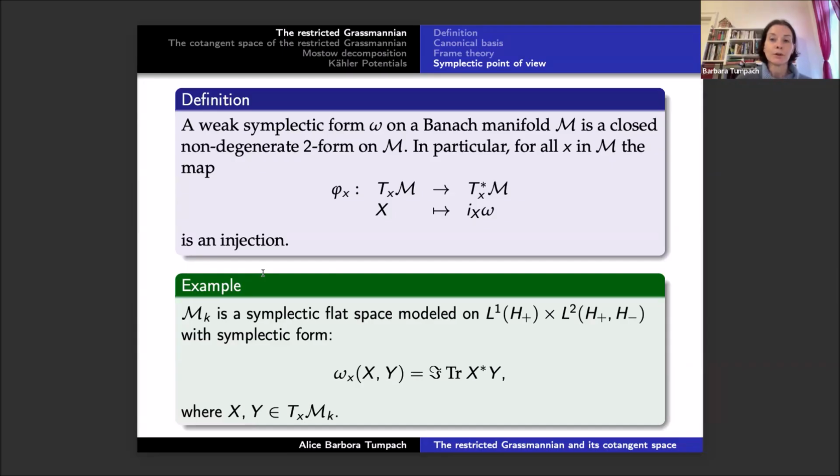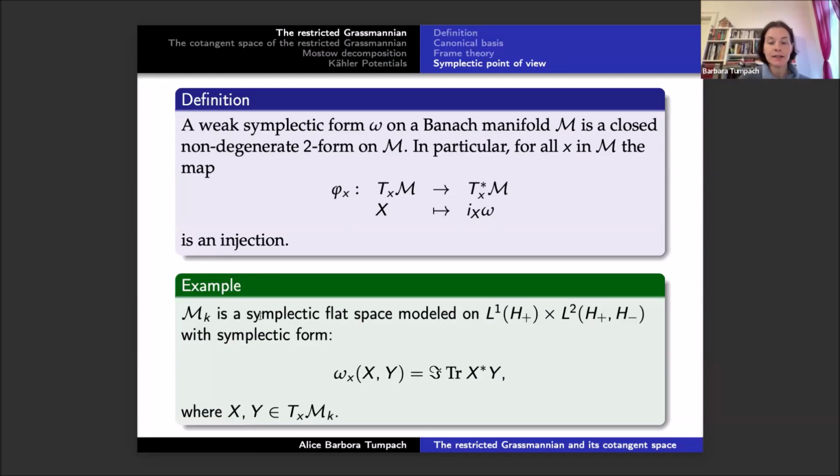So closed as a 2 form, and non-degenerate in the sense that the map that takes an element X to the inner product of the symplectic form by X is an injection. Usually it's not a bijection, as it is the case in the finite dimensional setting. It is just an injection, but this tells us that the kernel of this symplectic 2 form is 0.